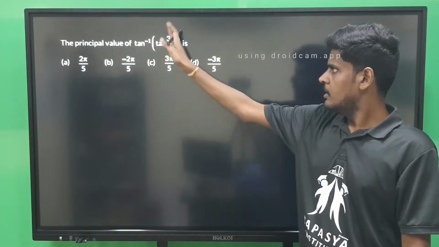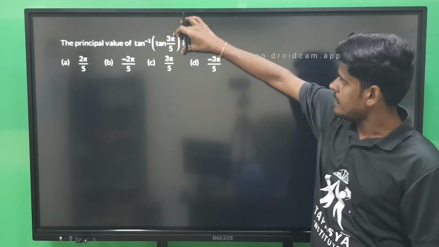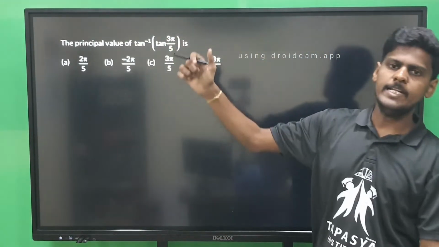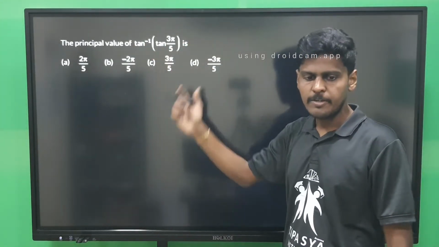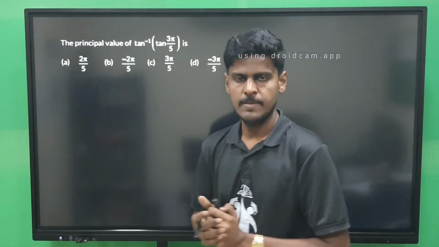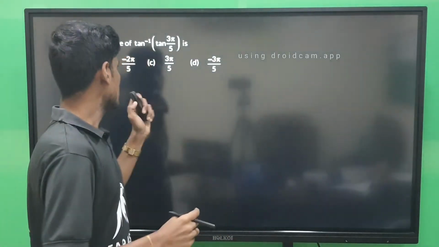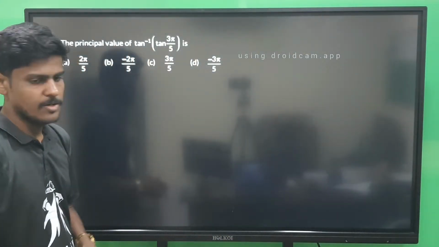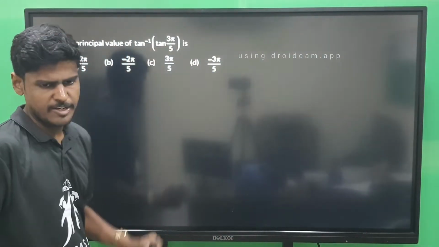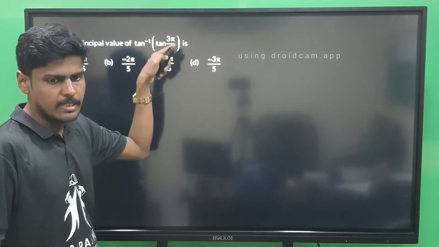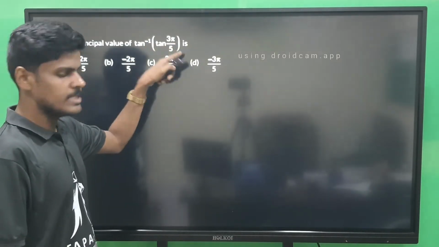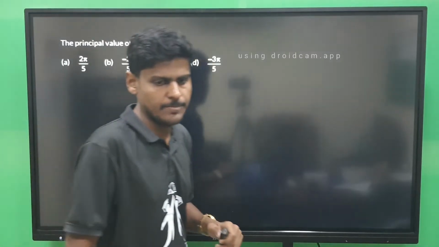Therefore, first what we need to do is, take this 3 pi by 5 and find the value of angle that will match tan 3 pi by 5 in the principal value branch. That is the first step. So what is tan of this value, 3 pi by 5? Make this angle such that it becomes a value in the principal value branch.